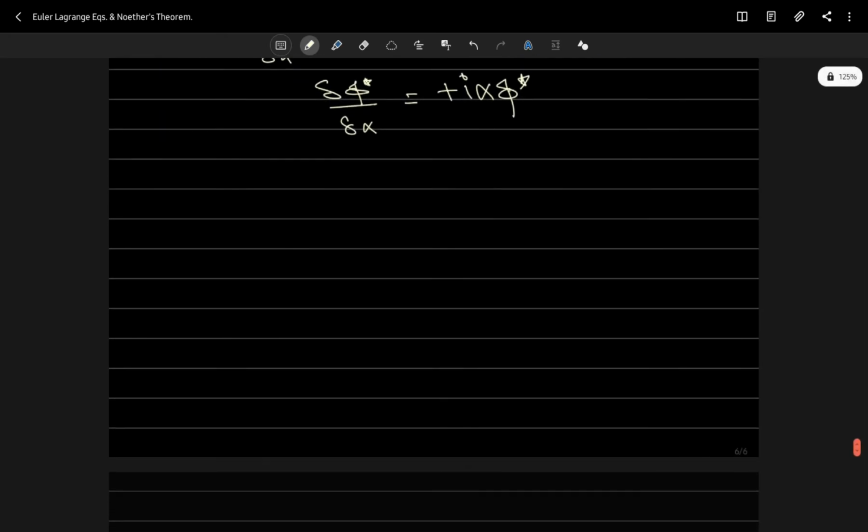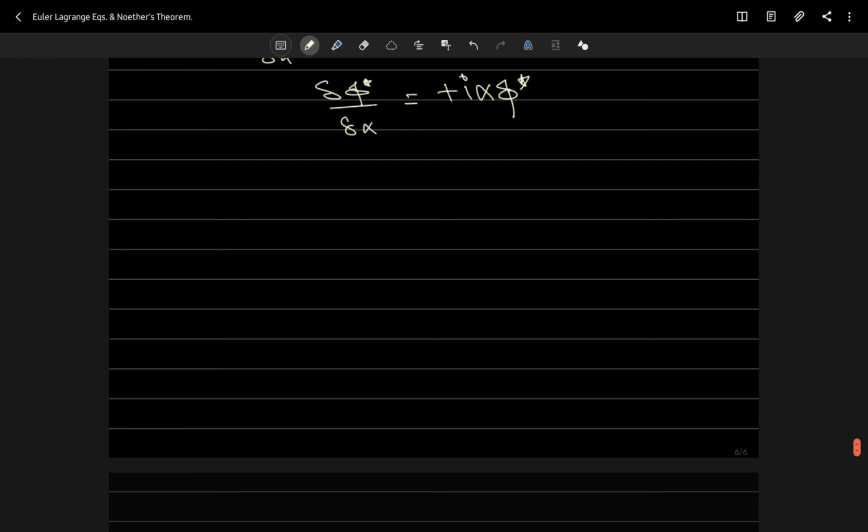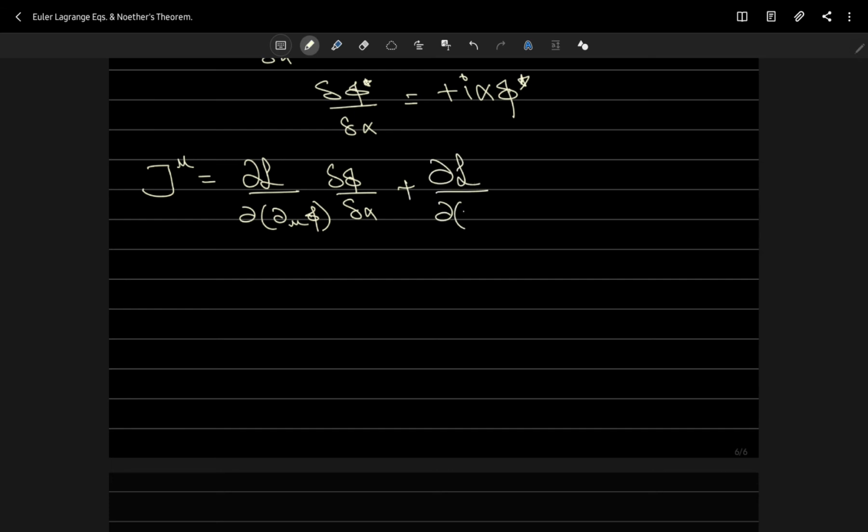Right, so let's write this down. The Noether's current in this case, j mu, would be equal to partial L over partial mu phi times delta phi over delta alpha, and the other term would be for the conjugate field, that is partial L over partial mu phi star times delta phi star over delta alpha.